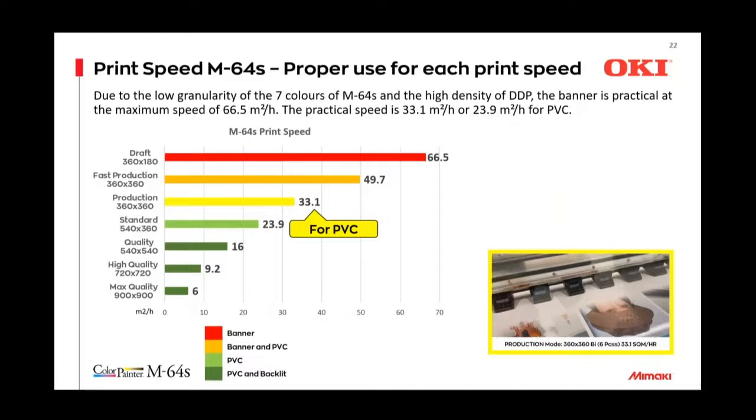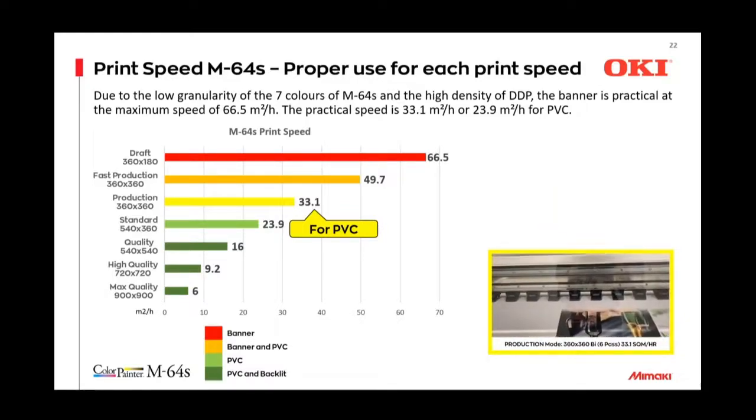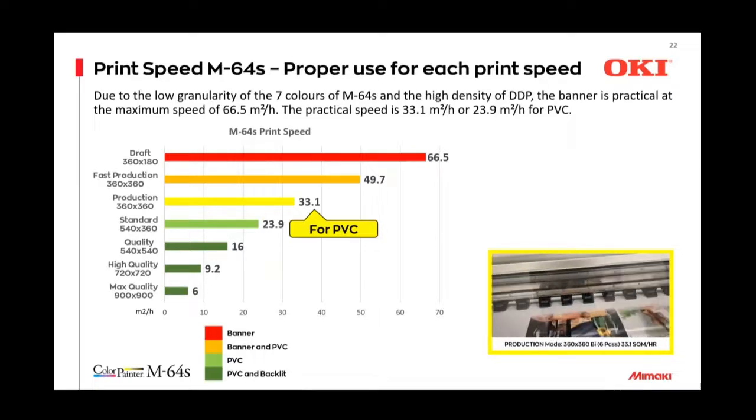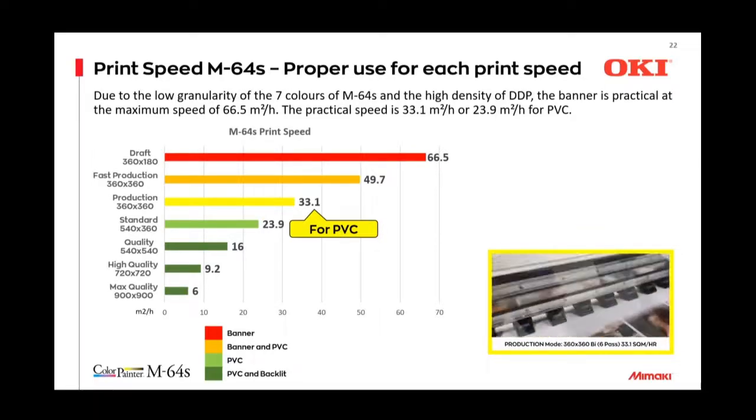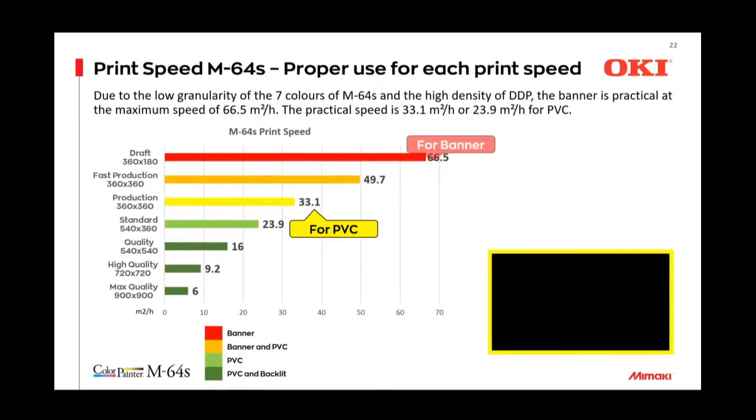What I was more curious about was the production mode of 360 by 360 at 33, and then the draft mode of 66, just to see how much difference there was between the two modes. When we look at the 66, which OKI state is a banner mode, it is a viable banner mode.